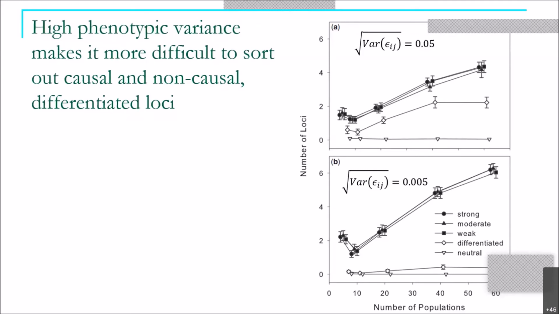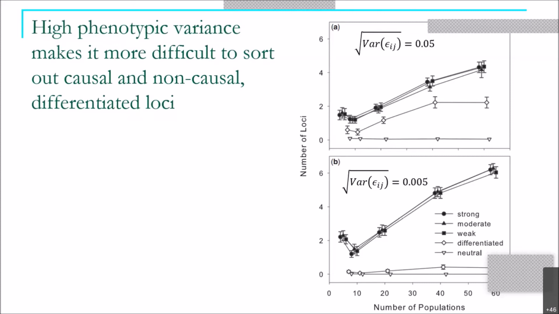And this is going to bend as it approaches 100 or 200 populations, approaching saturation at about 95% of the available 30 loci.